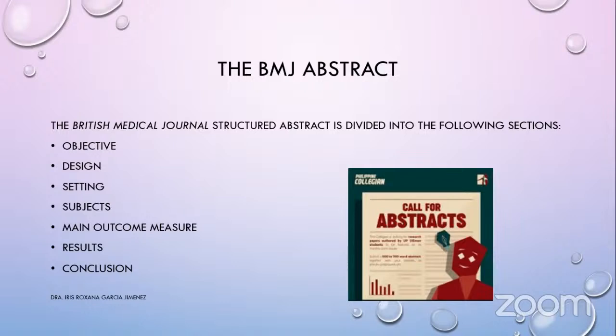You must show in your abstract the objective, the design, I mean, the kind of study you are doing. You talk about the settings, of course, the subjects, the main outcome measure, how you prepare your measurements, your methods, the result, and the conclusion.